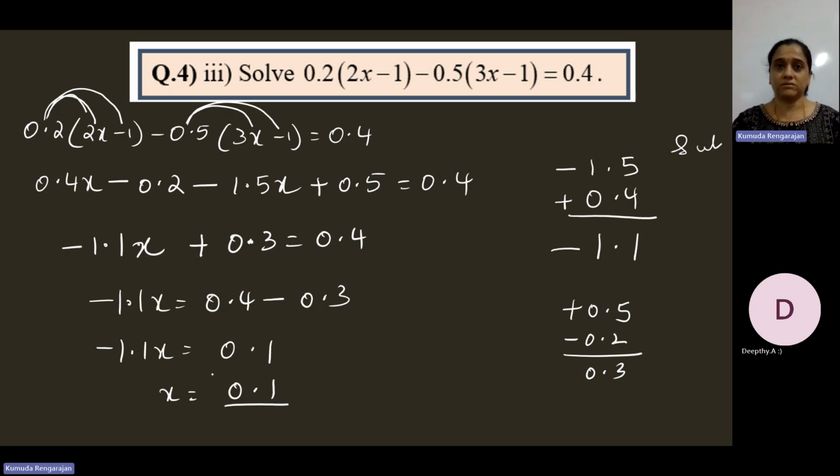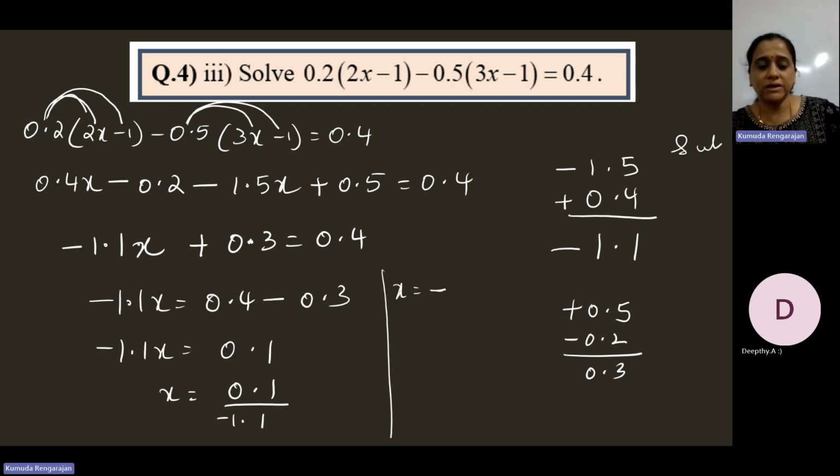All your books, do the correction, I'll check it later. So x is equal to 0.1 by minus 1.1. So x is equal to minus 0.1. You can write it directly actually.